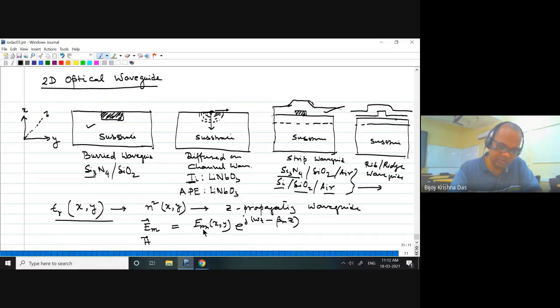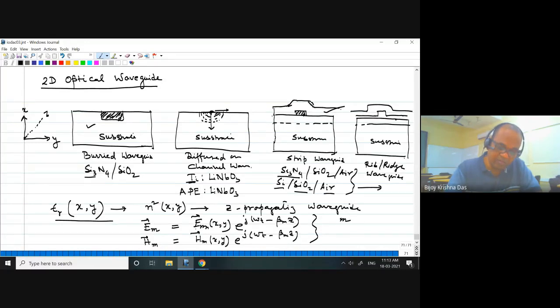So now H, the corresponding magnetic field, will also have some components. You can write Hm of xy and e to the power j omega t minus beta m z. So for the mth mode, if there are solutions for guided modes, with the mode index written as m, similar to the 1D waveguide, that mode will have an electric field component as well as a magnetic field component.